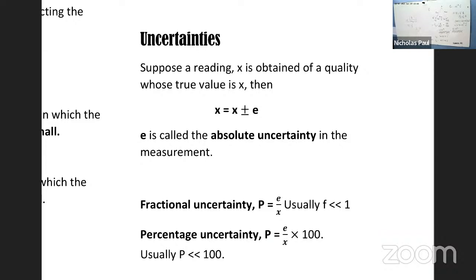What type of error is smaller? Small random error or small systematic error? Precise.